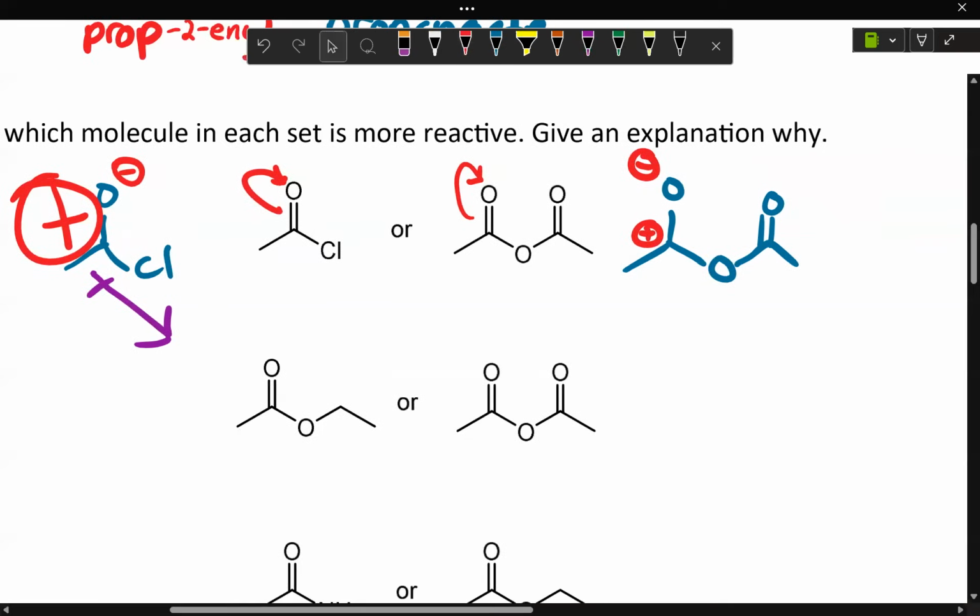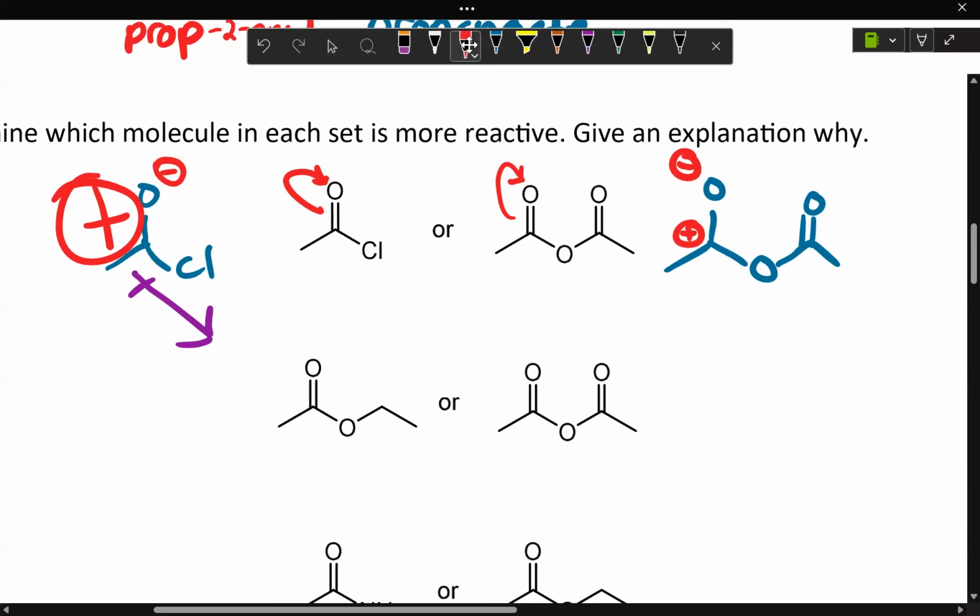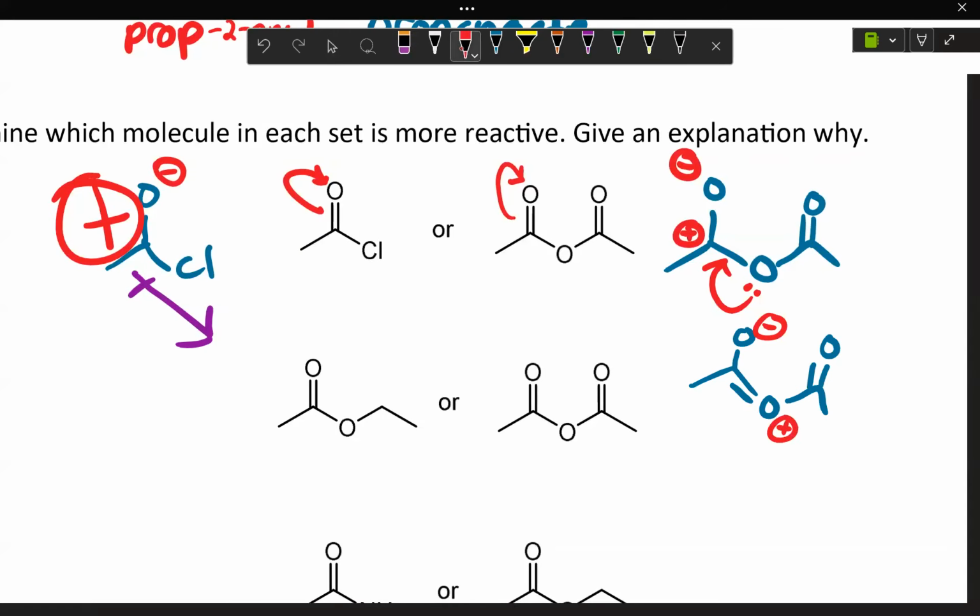And now let's look at the right. This oxygen can do resonance, and it's more likely to do resonance than the chlorine, because oxygen can handle a positive charge better than chlorine can. But oxygen is still pretty electronegative, so it doesn't really ever want to do that resonance structure.